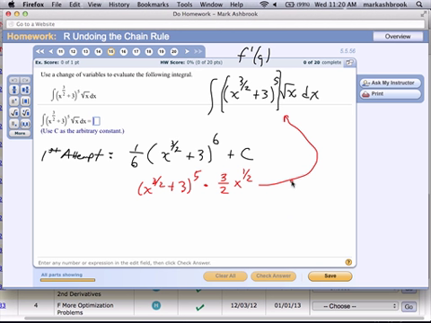So Megan wants to multiply our first attempt by 2/3 so that that goes away. Is that right? So our second attempt then, 1/6 times 2/3 times, and we could simplify this to 1/9. Is that right?